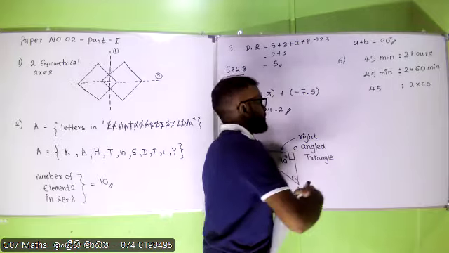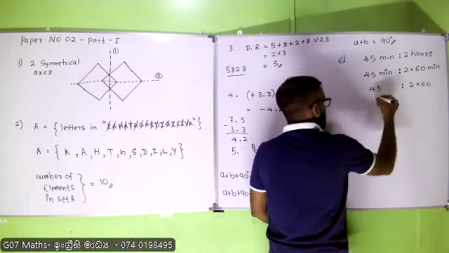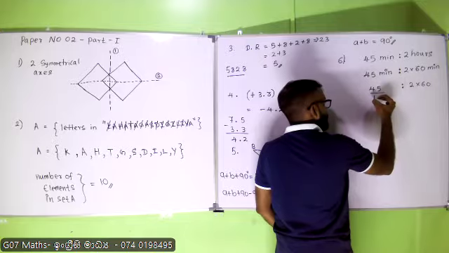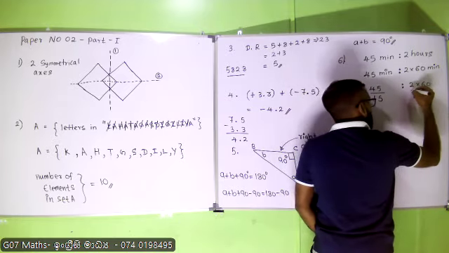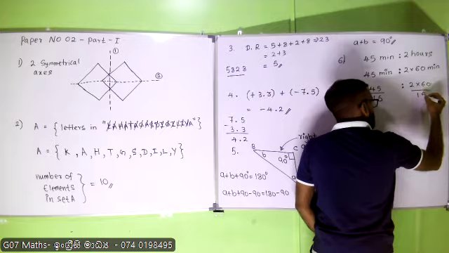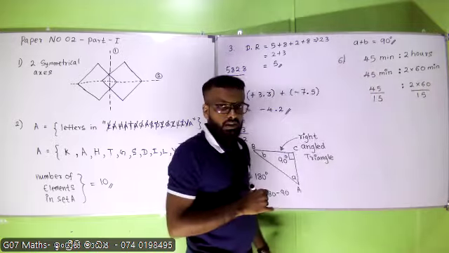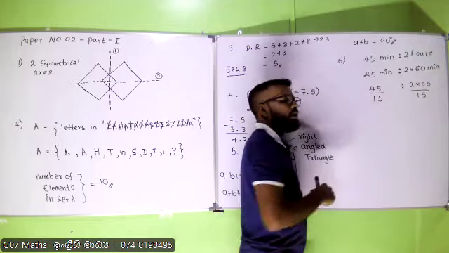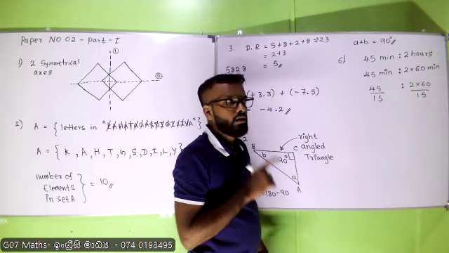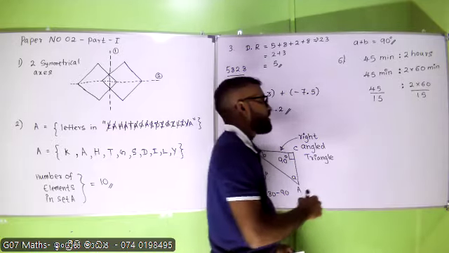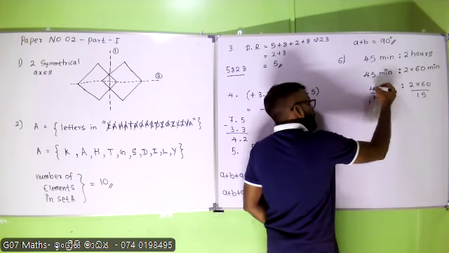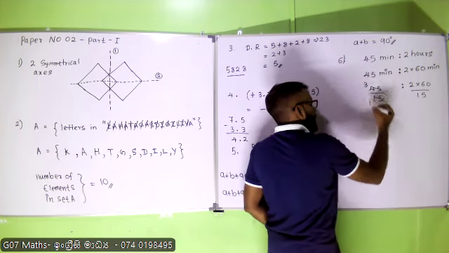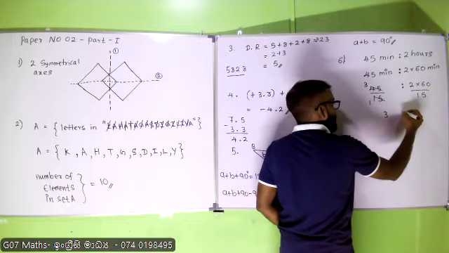So first of all, I will divide this side by 15 and this side by 15. So 45 divided by 15: 15 times 3. So my left hand side is now 3.